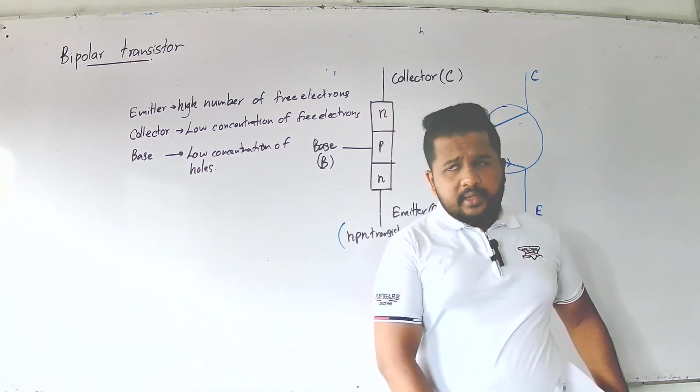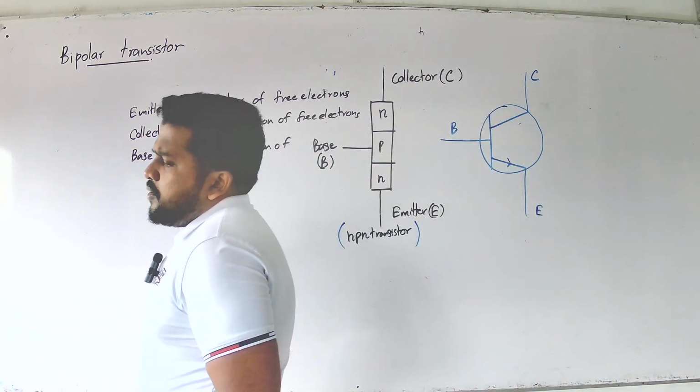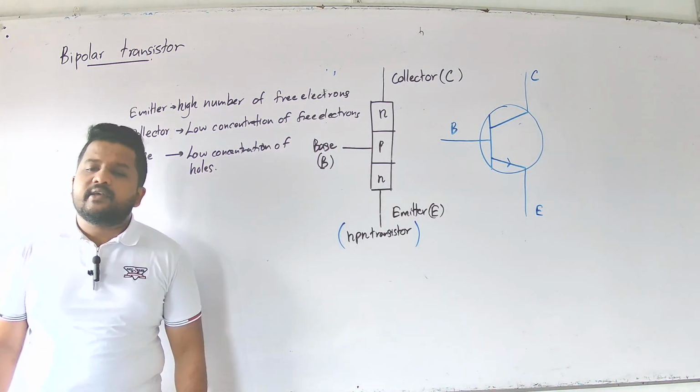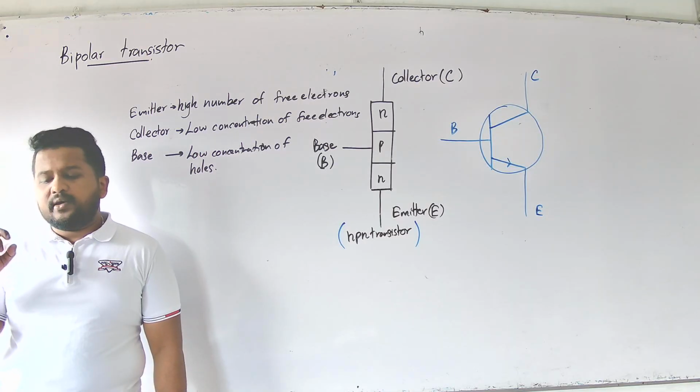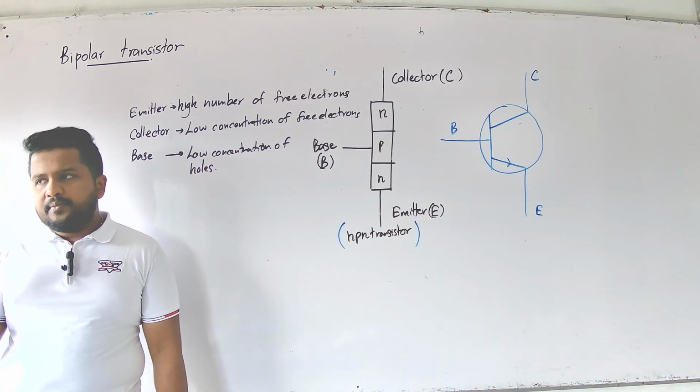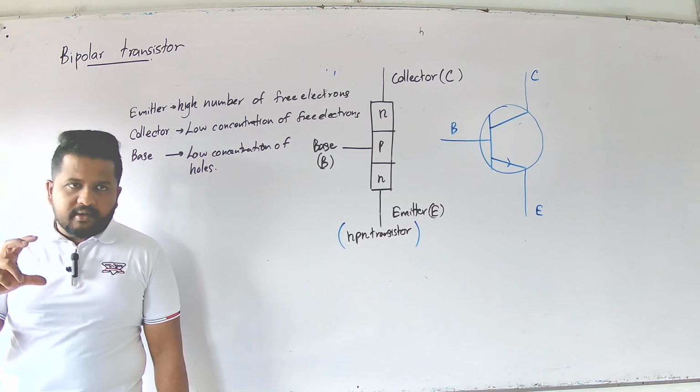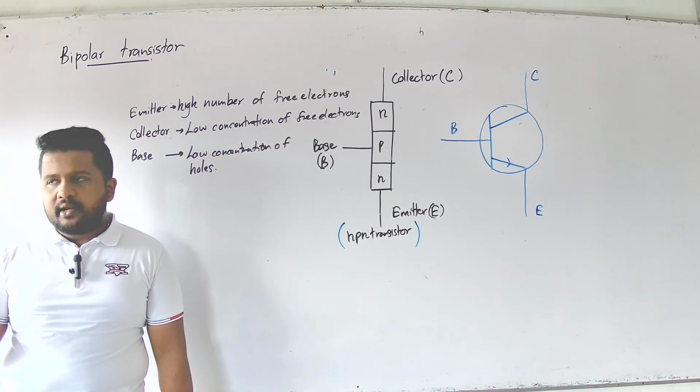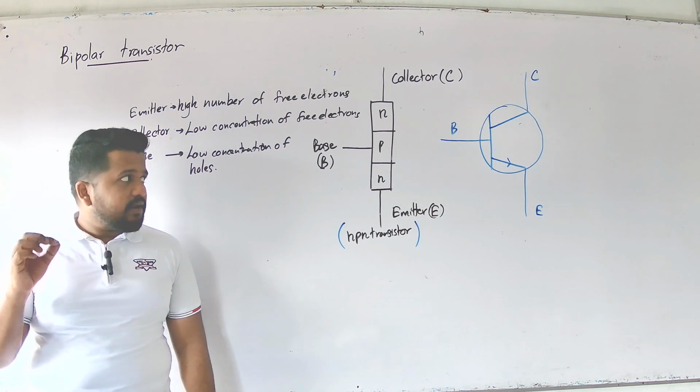Right. So when we are using the transistor, what is the use of the transistor? අපි මොකද transistor එක use කරන්න තියෙන්නේ? Signal amplification එක කරන්න. We have to amplify the signal, right? To amplify the signal, we are using the transistor.